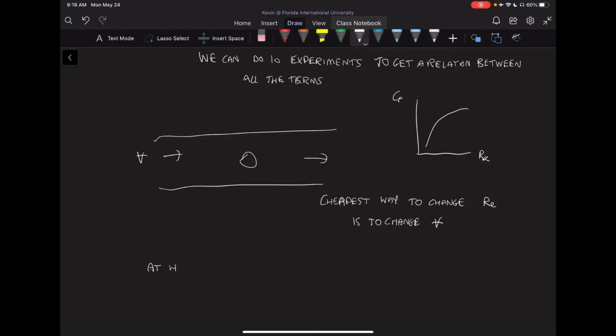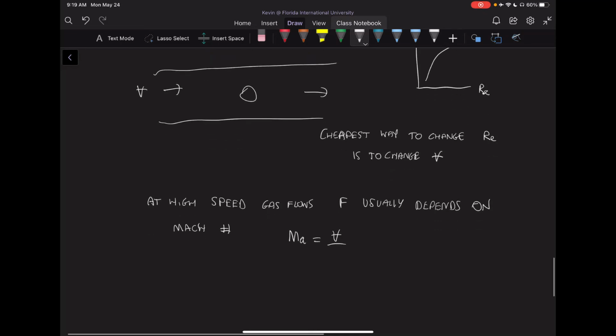At high speed gas flows, so this is usually only for gases, the force F usually depends on a very simple relation, which is called the Mach number. Ma is equal to the velocity over little a, which is the speed of sound. It's little a in our textbook.